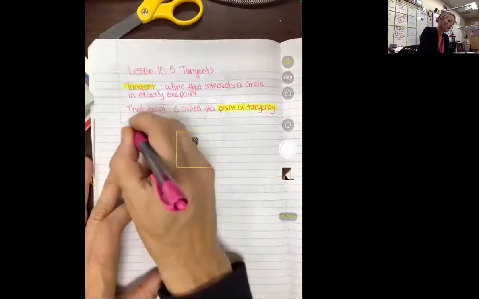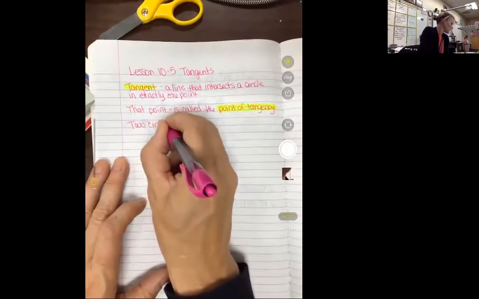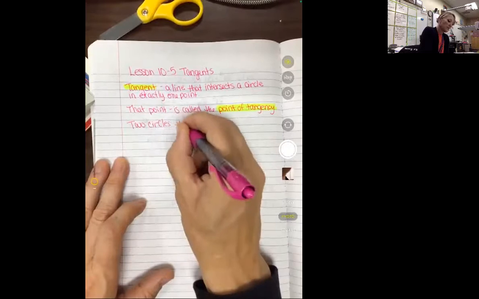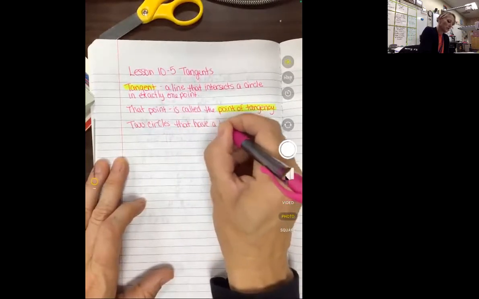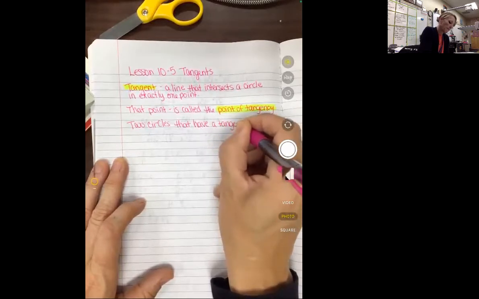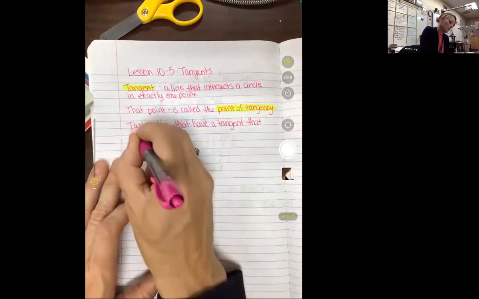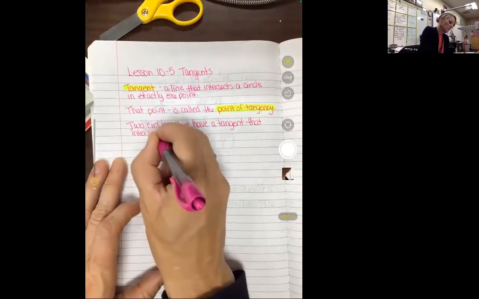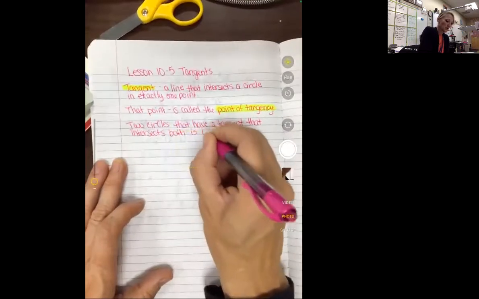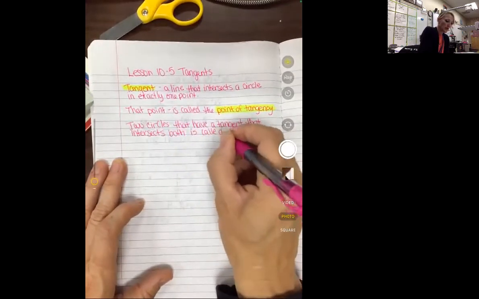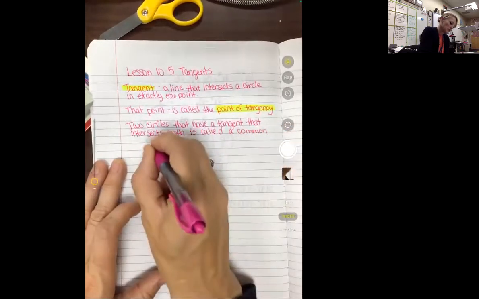So if we have two circles that have a tangent that intersects both, that is called a common tangent.